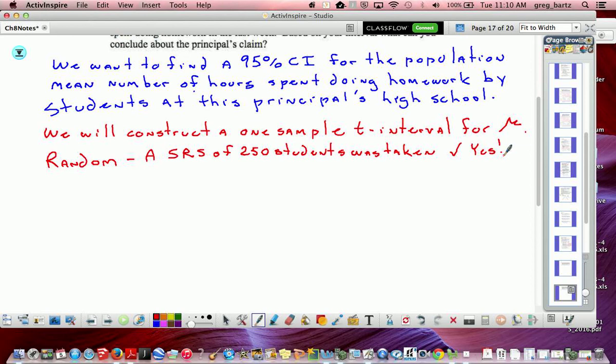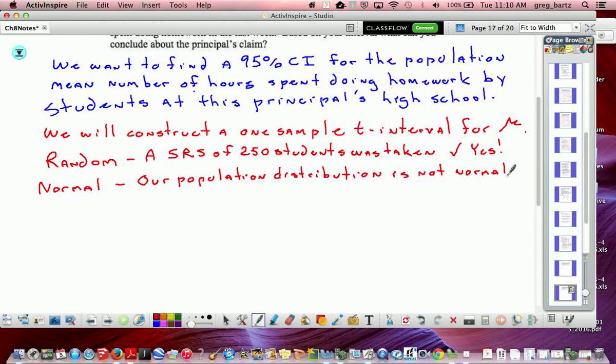Second one is it normal? So, is our population normal? No. So, I'm just going to start with that. Our population distribution is not normal.